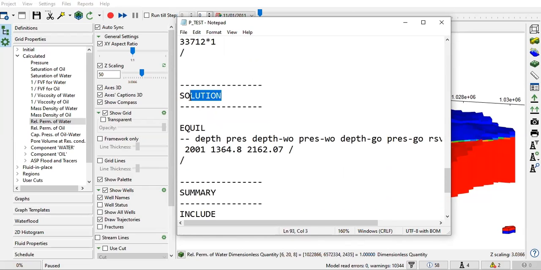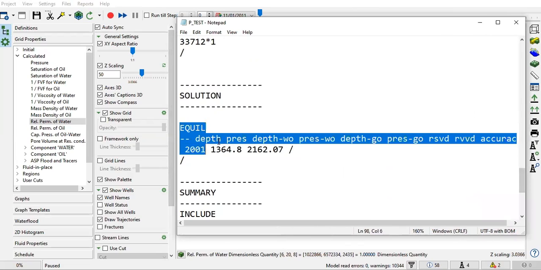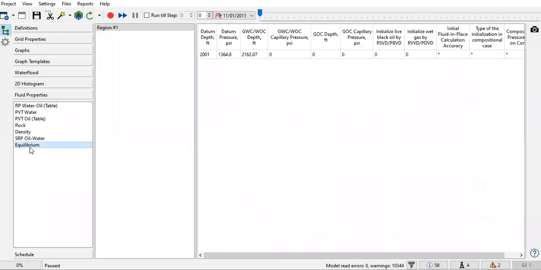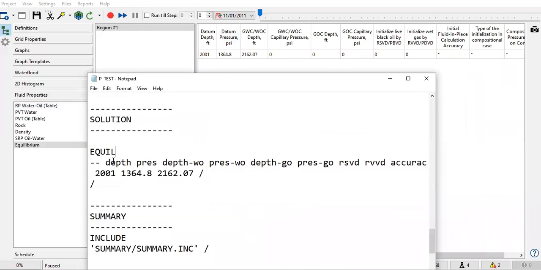And then SOLUTION. Under the solution we have something to define the equilibration, and we defined it here. If you want to check, equilibration must be in fluid properties, equilibrium. So the data on the table there is taken from here.